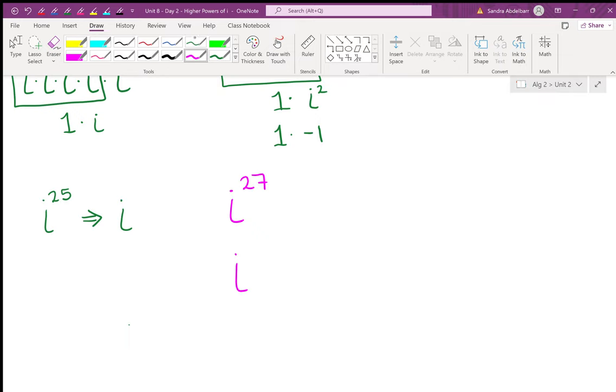If you took 27 and divided it by 4, 4 goes into 27 6 times. 6 times 4 is 24. You would have a remainder of 3. So our remainder would be i to the 3rd, which, if we had it memorized, is negative i. You got it. All right.